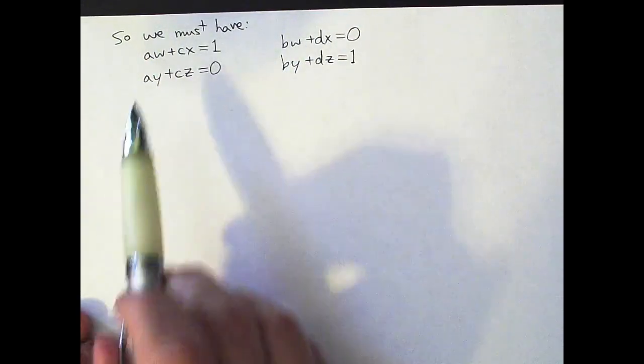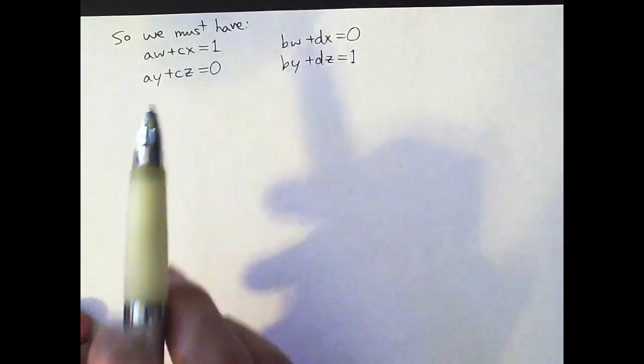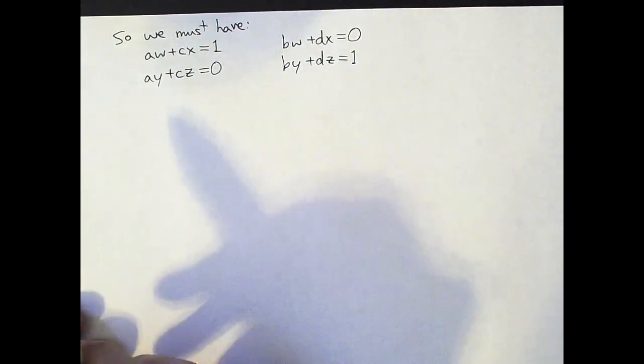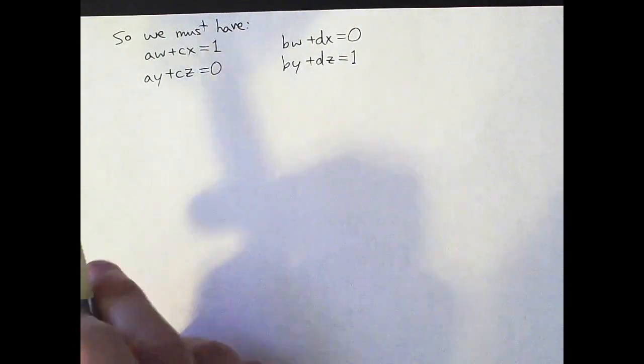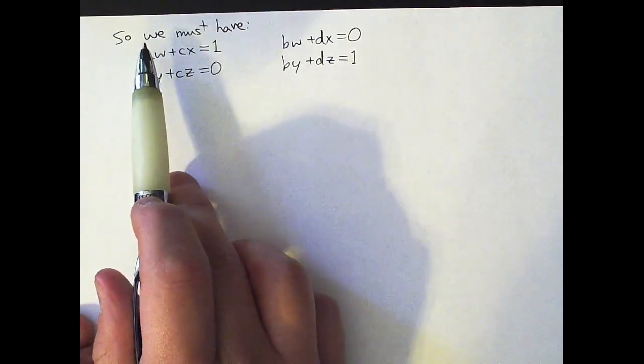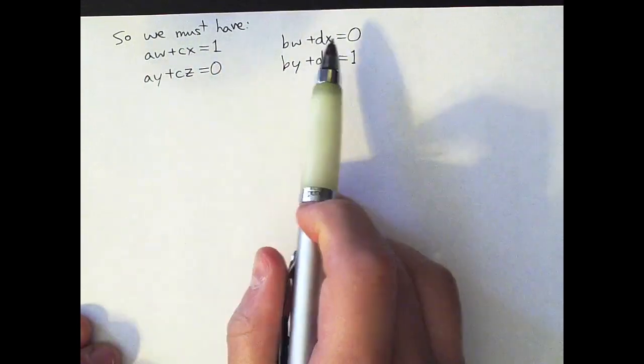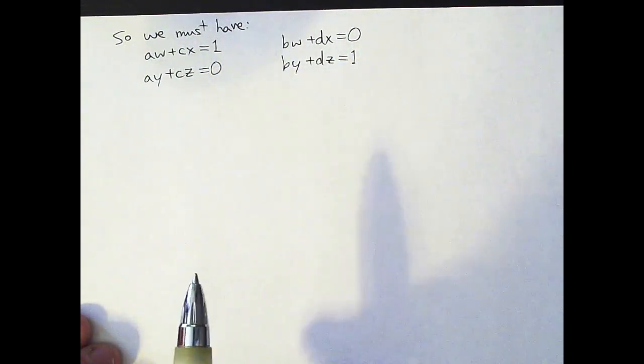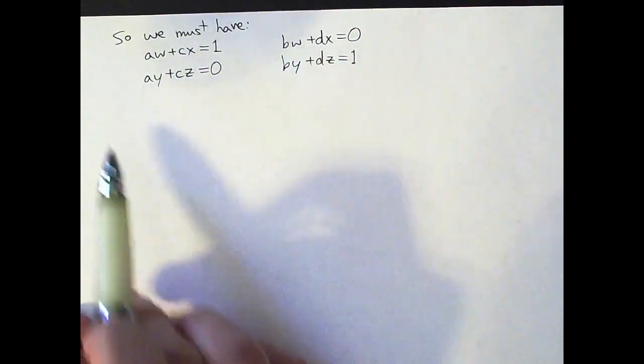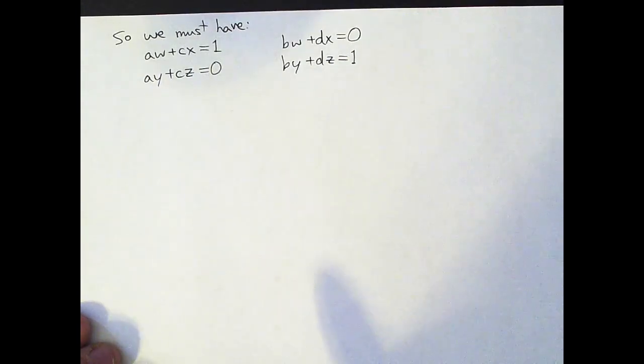The unknowns are W, X, Y, and Z, and we're assuming that we were given lowercase a, b, c, d. So it's 4 constants that we know and 4 constants that we're trying to find.